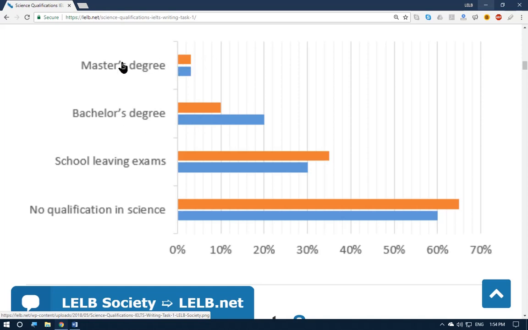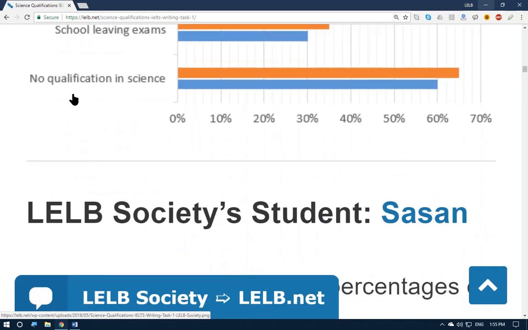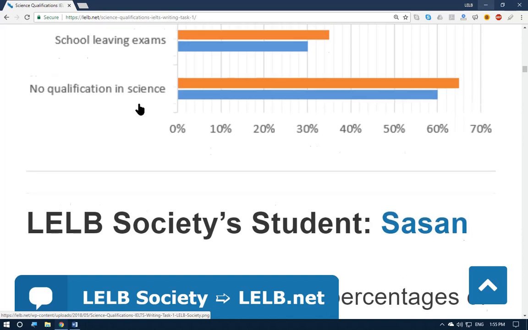The first horizontal bar refers to the master's degree, which is considered to be a high level of education, and the second one is bachelor's degree, and the third horizontal bar is school leaving exams, and the last one is no qualifications in science.